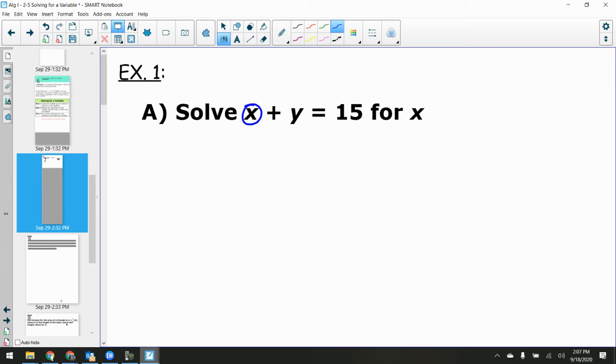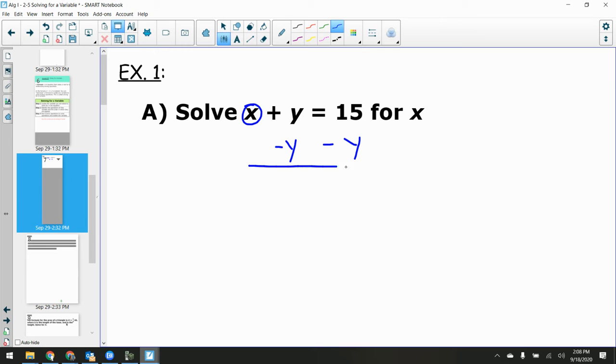Added with Y, right? Y is being added to it. So how do I get X completely alone? What undoes the addition? Subtraction, right? So the subtraction will undo the addition. If I'm adding Y, then to solve, I would just subtract Y.